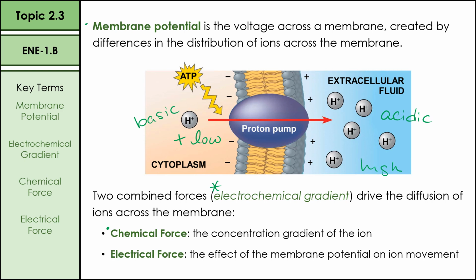So whether we have more positive on one side or less positive on another side. So both of these are going to work together. And notice here that our hydrogen ions are moving against their concentration gradient. And so through active transport, we need ATP energy in order for those things to move.